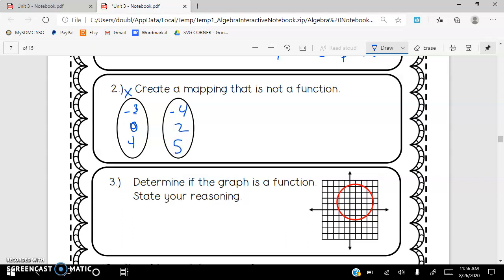So here's my X and my Y, so my domain and range. So let's just start drawing some. So let's go -3 to 2. Let's go 0 to -4. And let's go 4 to 5 and 4 to 2. Okay, so you see this 4 is pointing to 2 numbers, the 2 and the 5. That's not allowed. So it's not a function because the 4 duplicates.